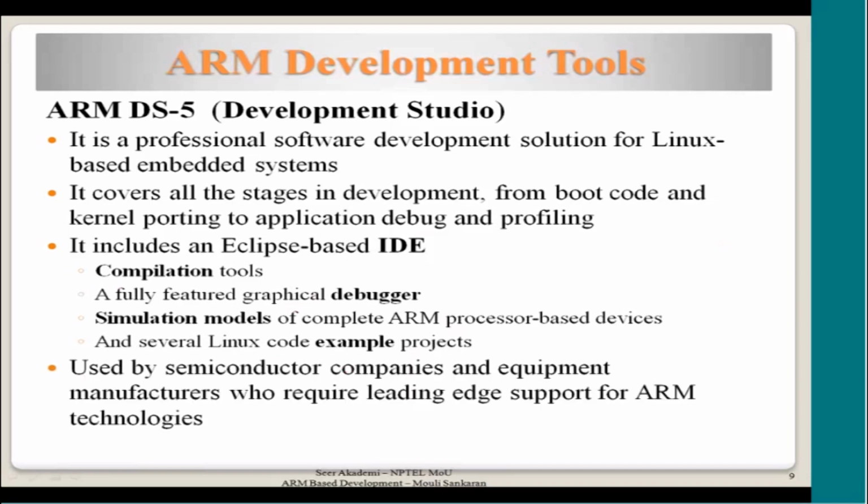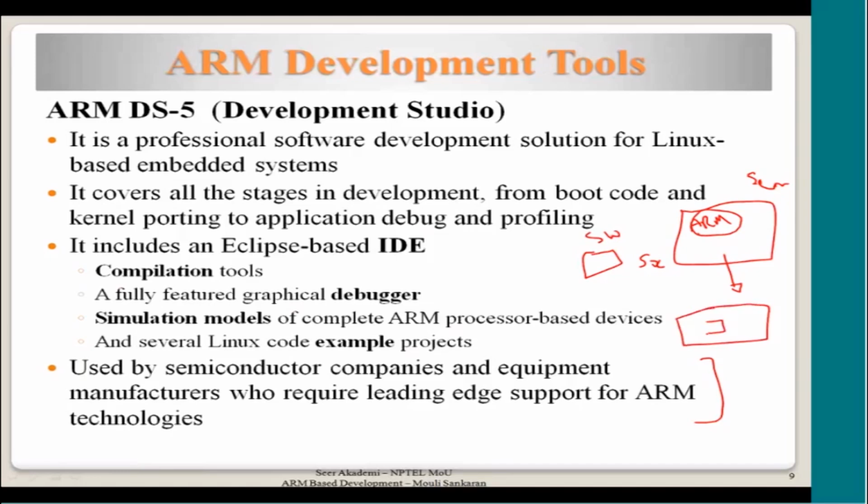There are so many examples of Linux code, and these are also used by the semiconductor companies who build the SoC based on the ARM. When the semiconductor companies build a SoC with ARM, they finally will be selling the SoC along with their software to other vendors who will be using their chip with their hardware.